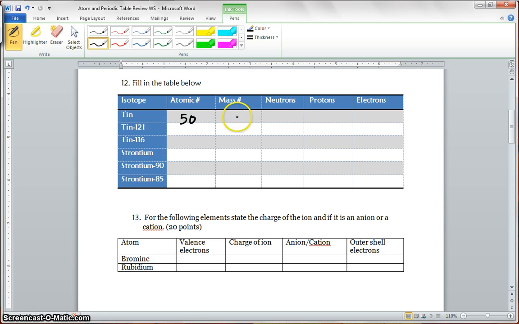The mass is going to be 118.71. Number of neutrons. Remember, we just take the mass number minus atomic number. And then the number of protons is the same as the atomic number, and the number of electrons is the same. Okay, so then if we have tin 121, 121 is going to be the mass number.